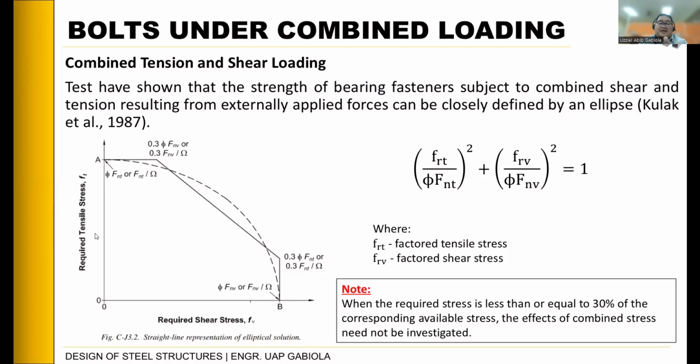Okay? Or walang masyadong effect si shear doon sa tension capacity natin. Yun yung sinasabi dito na hanggang 30%. Ganun din kapag halimbawa meron tayong shear and then yung value ng tension natin is wala pang 30% ng value ng shear, it means na wala siyang effect doon sa capacity natin.